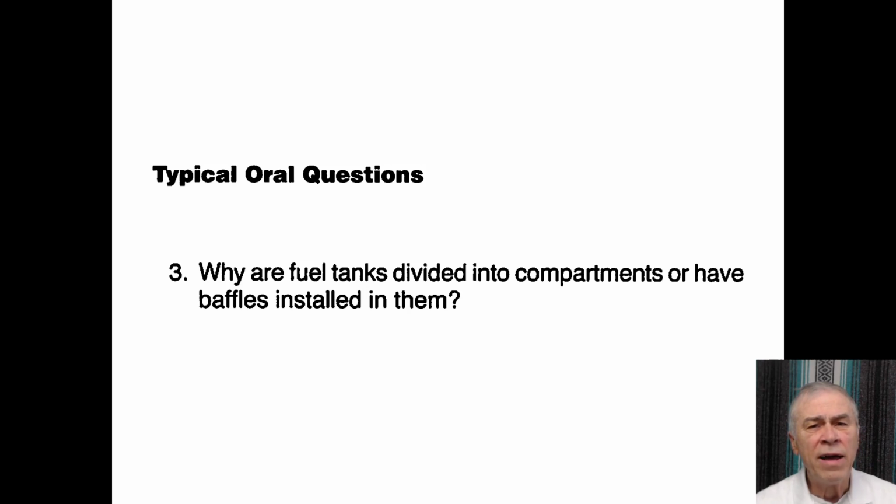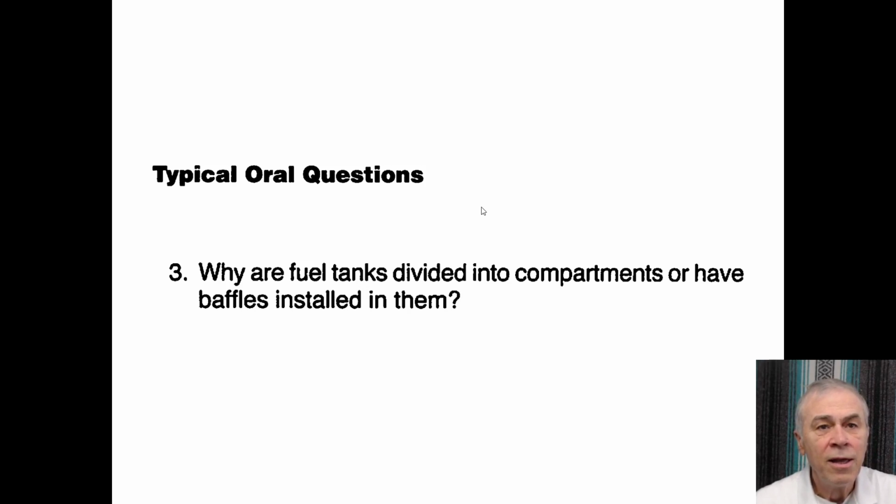Why are fuel tanks divided into compartments or have baffles installed in them? Why do you have the little compartments or the baffles or the flapper valves? It's to prevent surging of the fuel, which will basically affect the balance of the aircraft, and you can also mention that it prevents the fuel from leaving the boost pumps.